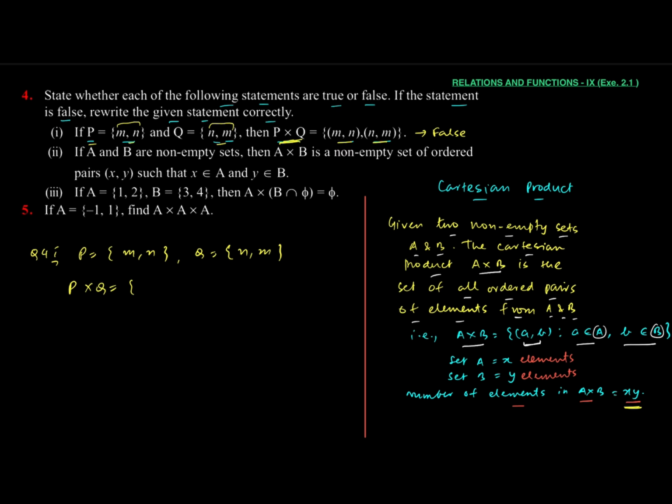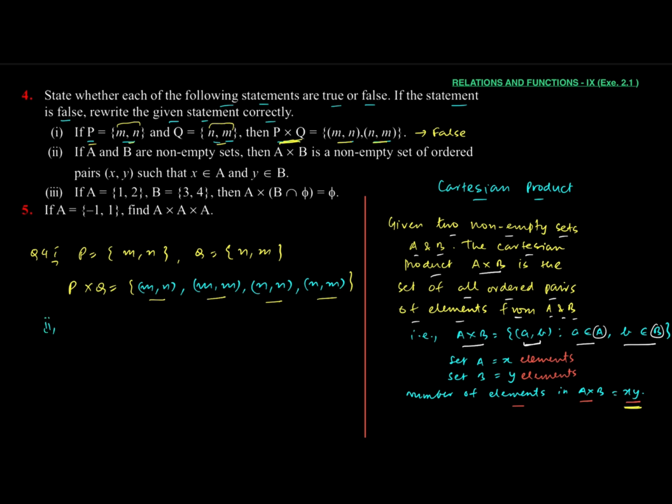It will have elements: mn will be our first ordered pair, the second ordered pair of P cross Q will be mm, the third element will be nn, and the fourth element will be nm. So this is how the correct statement will be written: P cross Q will have elements mn, mm, nn and nm.